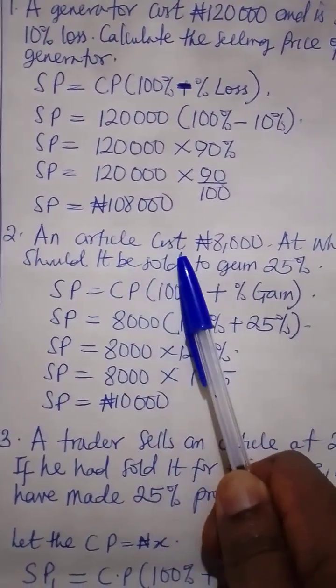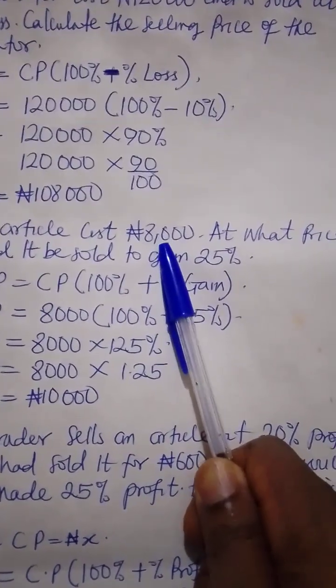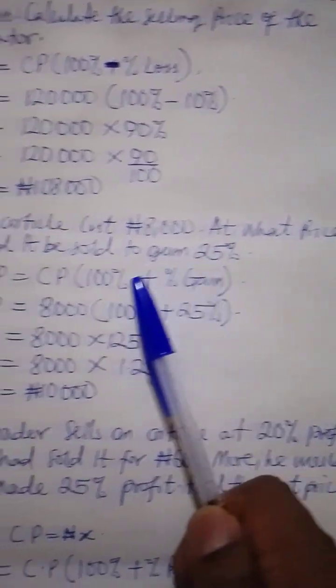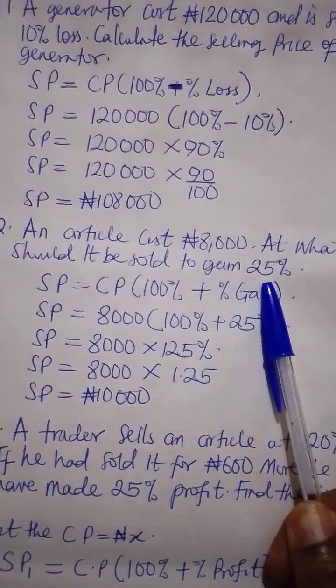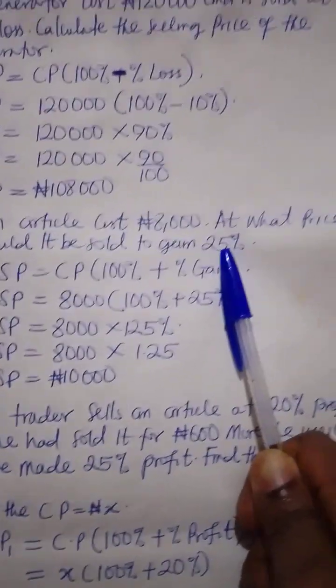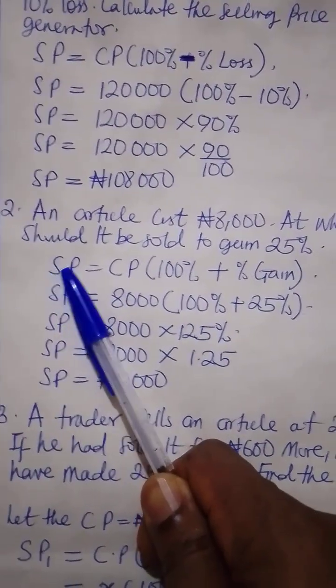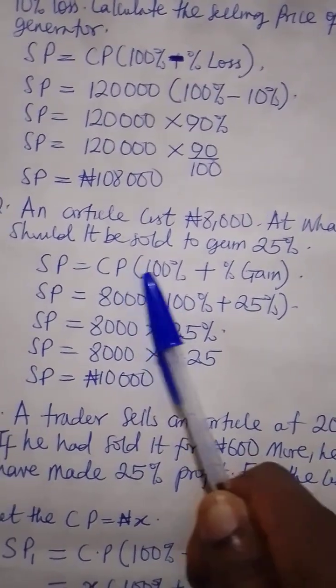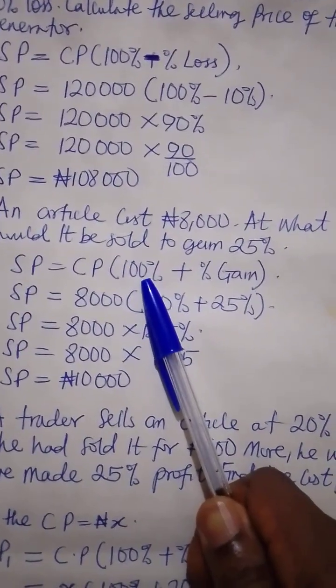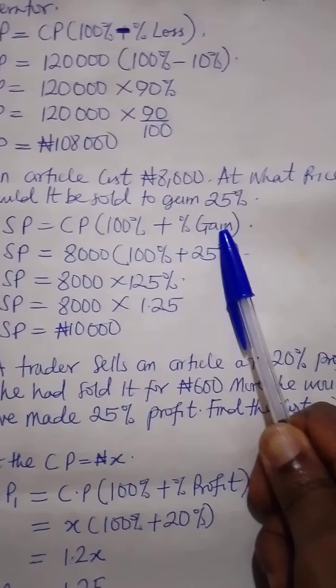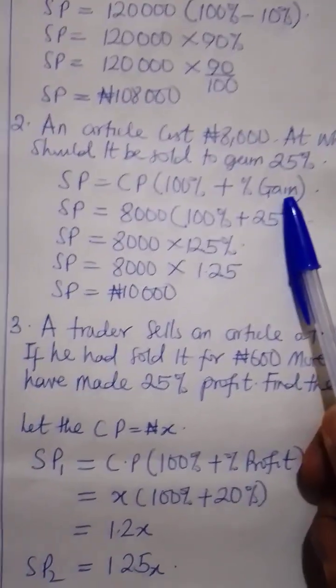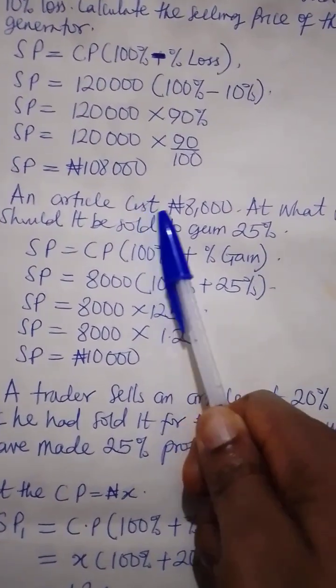We go to question number 2. An article cost 8,000. At what price should it be sold to gain 25%? We quote the formula again. Selling price is cost price into 100% plus percentage gain. Don't forget, we said gain and profit are the same. And so don't forget, cost 8,000.